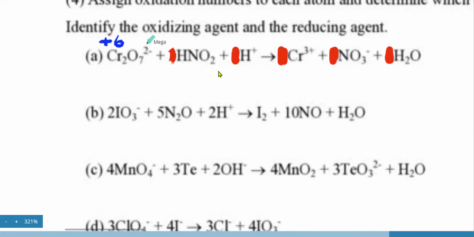Is it 2? It's coming out to be 2. H is plus 1, right?